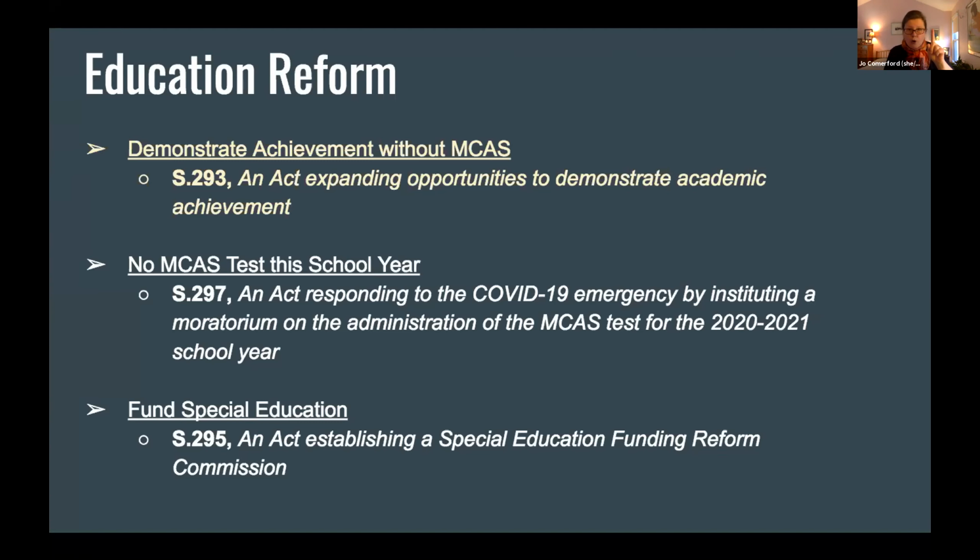Right now, all you have to do is fail one MCAS test, English or math or one of the sciences, and you are threatened with not getting a diploma. You get a certificate of attendance instead.